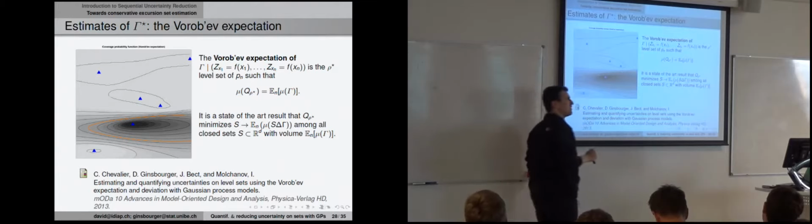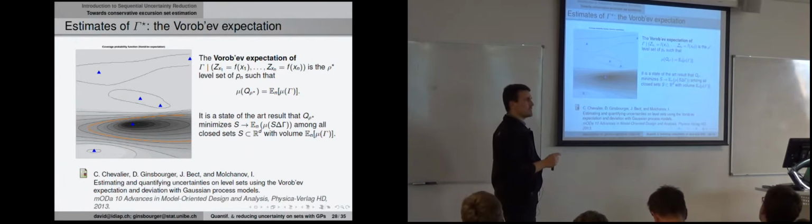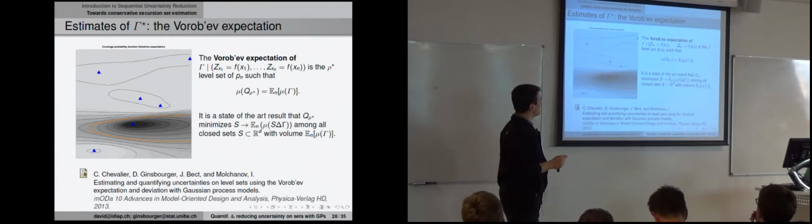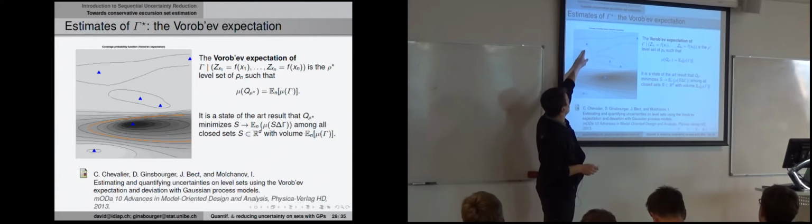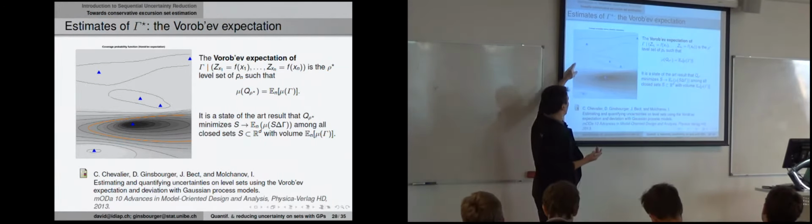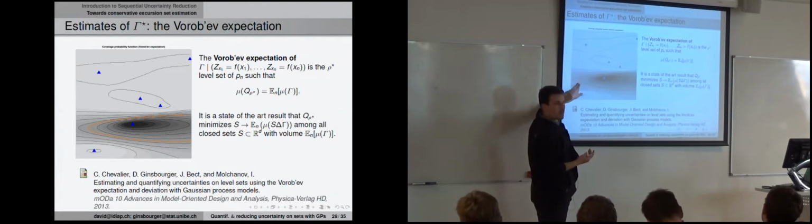But still, there is something that is not completely satisfactory about this concept, because it's clear that you might have regions here where the probability of being in the set is really high, points there where it's a little bit lower, like 0.8.